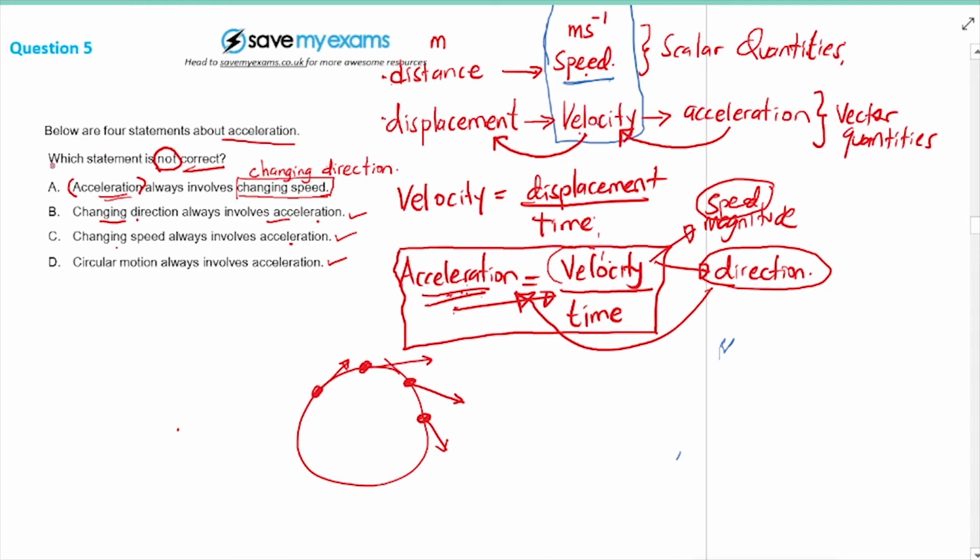So if we are to fish out the statement which is not correct, we would say it is statement A. Why? Because it is saying that acceleration always involves changing speed. The right statement would have been acceleration always involves changing speed or changing direction. But here the statement is only saying that acceleration always involves changing speed, meaning that it's dismissing changing direction, which is not correct. So the statement is A.